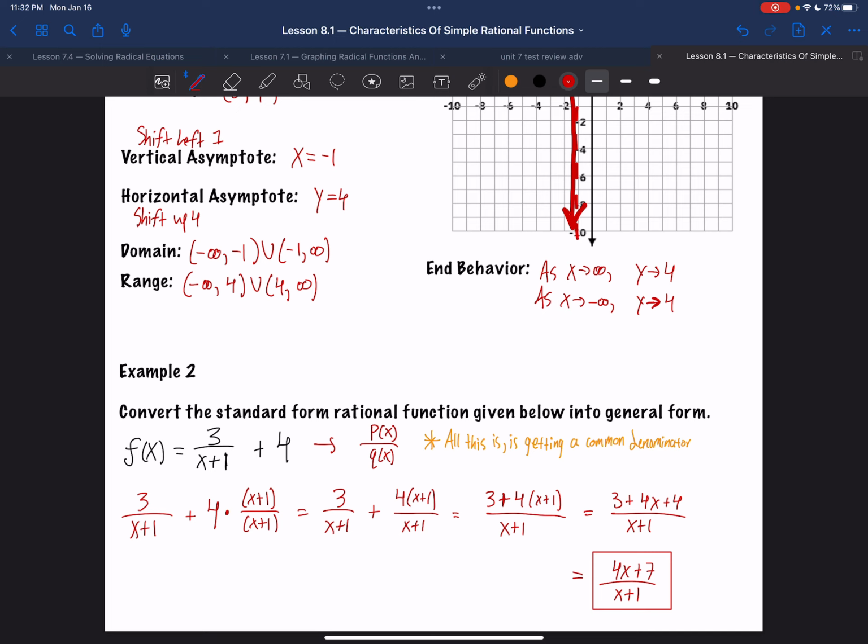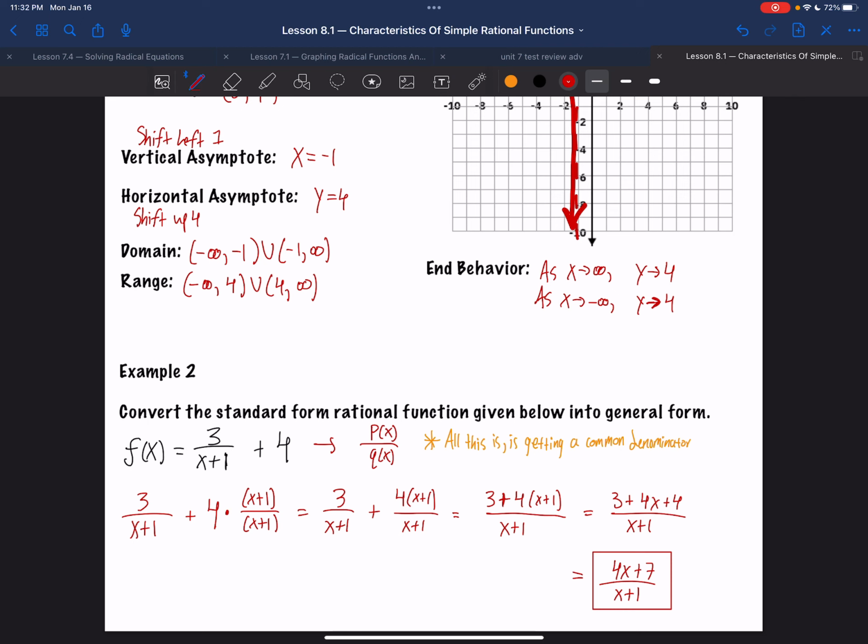And notice, this is now a polynomial divided by another polynomial. So we're going from standard form to general form. You're usually going to see these things in general form, but sometimes you'll see it in standard form, and they're pretty easy to analyze when they're in standard form.